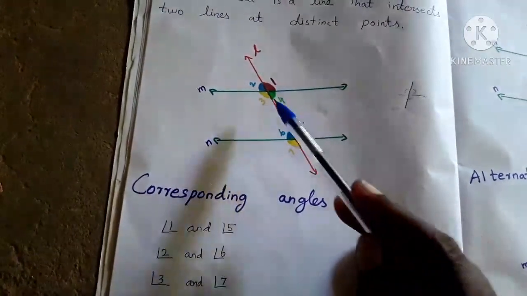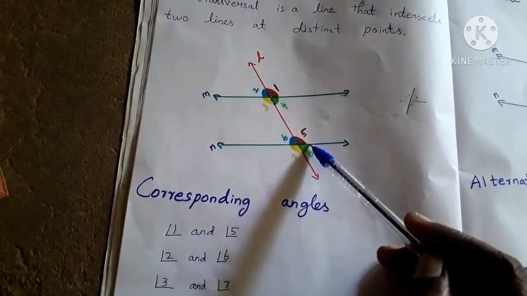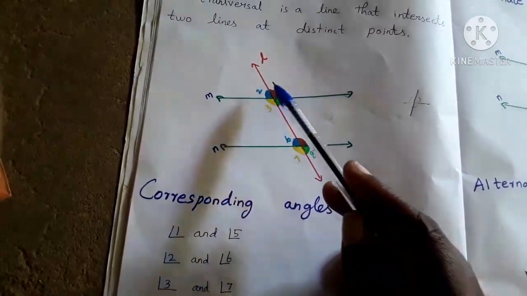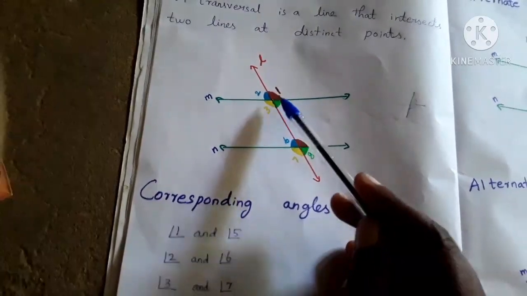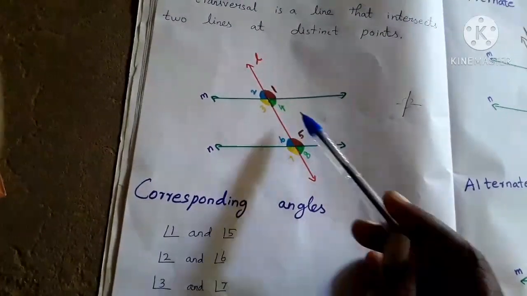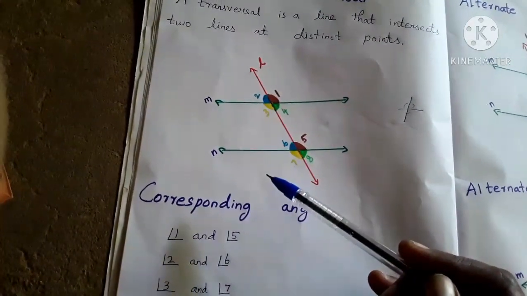L is the transversal, and on the right side only are marked angle 1 and angle 5, and they lie above the lines M and N. So these two angles are called corresponding angles.